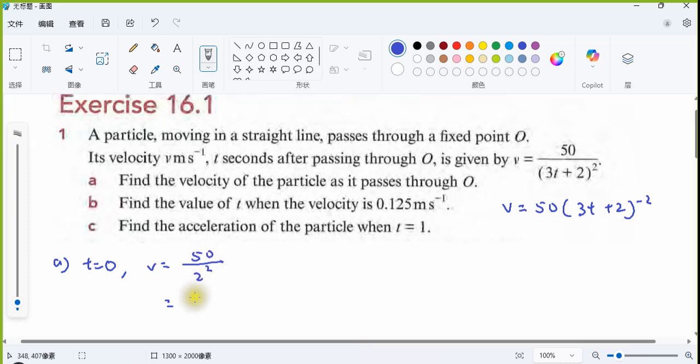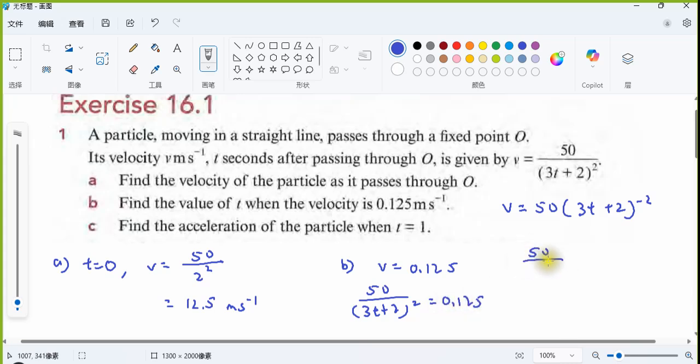12.5 meters per second. Part b, find the value of t when the velocity is 0.125. So when v equal to 0.125, we have 50 over (3t plus 2) squared equal to 0.125.